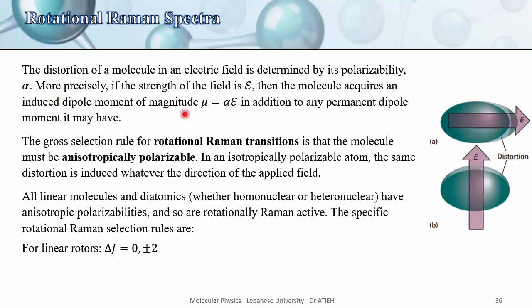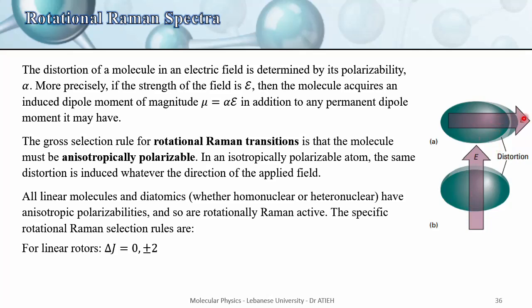So we have something that has been created, which is not permanent. This induced mu equals alpha E, where E corresponds to the electric field, in addition to any other permanent dipole moment in it.